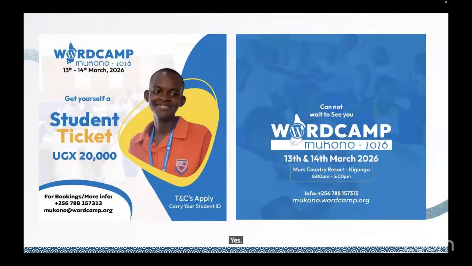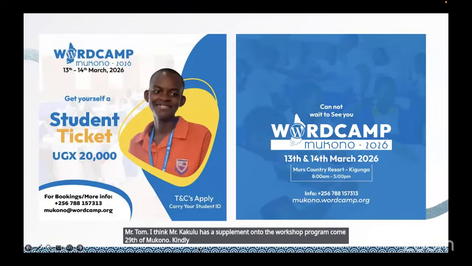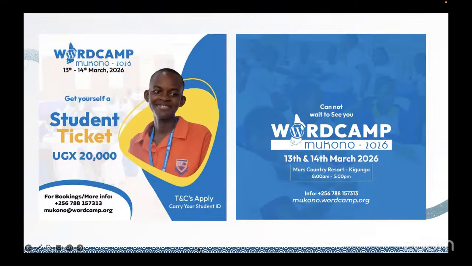Yes, Mr. Dumba, are you able to close? Mr. Tom, yes, please. I think Mr. Kakulu has a supplement on the workshop program come 29th in Mukono. Kindly give him an opportunity to share it, please. In a minute, Mr. Kakulu, try to be brief. Thank you.